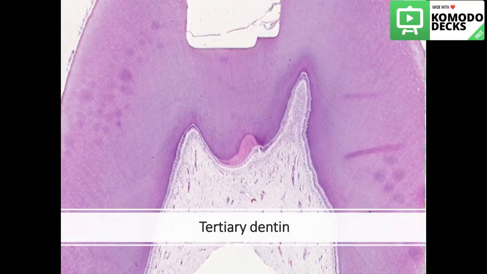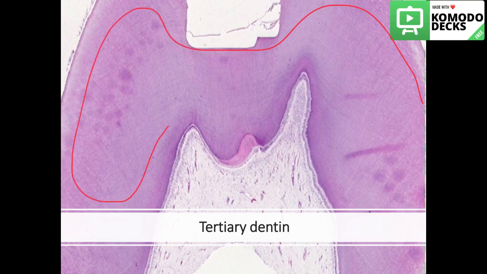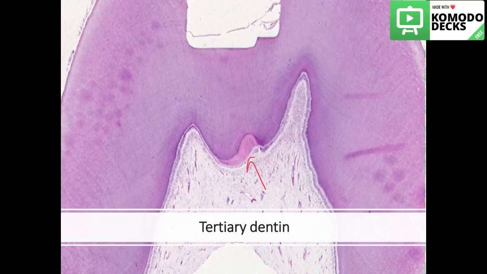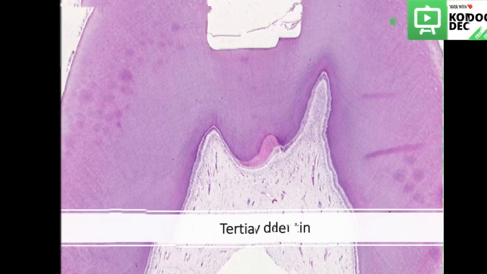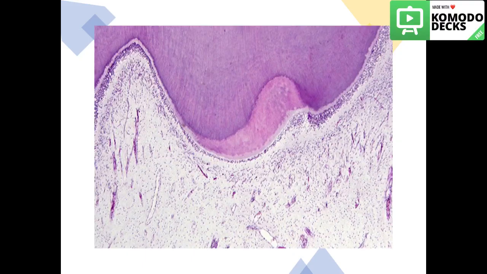So as you can see, the circumpulpal dentine is uniform in structure and in mineralization, while the tertiary dentine's structure, form and size are not as uniform as the primary dentine. Taking a higher magnification, you can see the difference in structure and in mineralization between the tertiary dentine and the primary dentine.